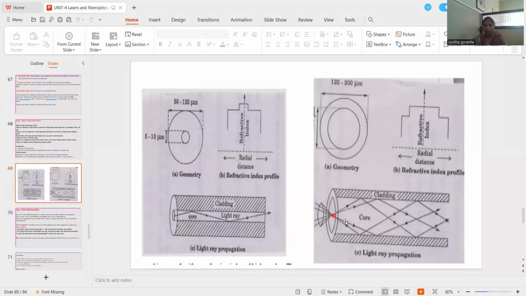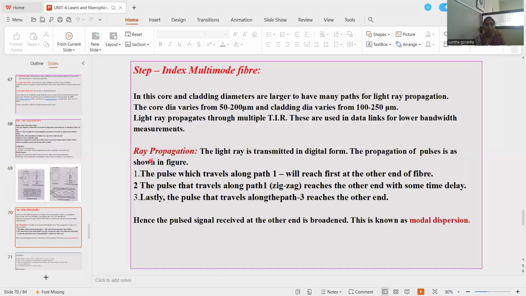So multimodes propagate, many light rays propagate through this fiber. See here. Next, ray propagation. Now see the ray propagation in step index multimode fiber. The light ray is transmitted in digital form and the propagation of pulse is as shown in figure.